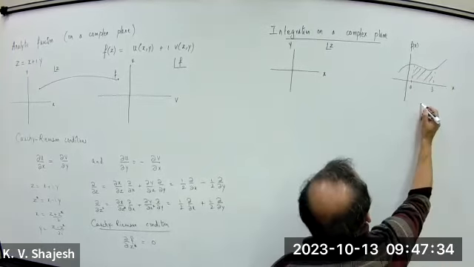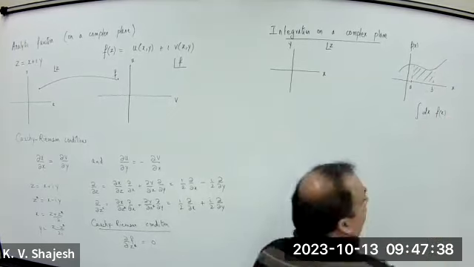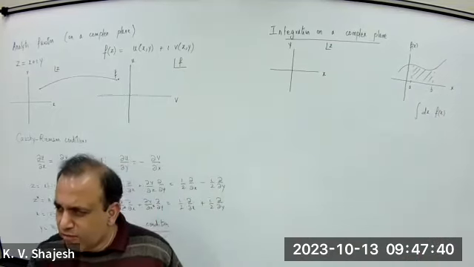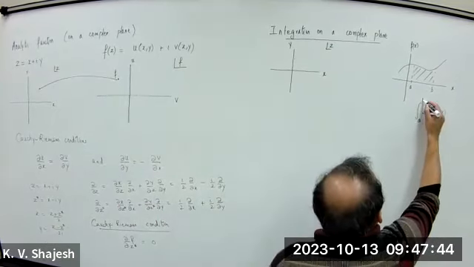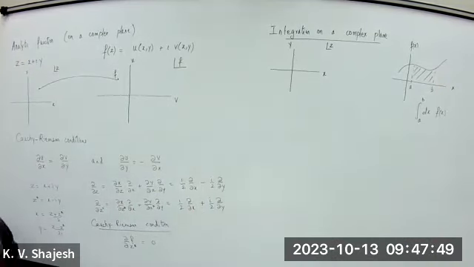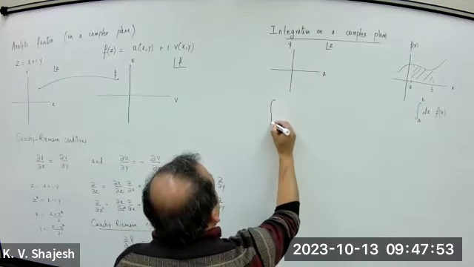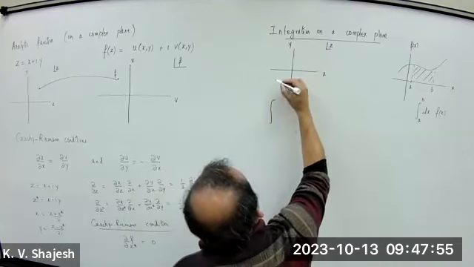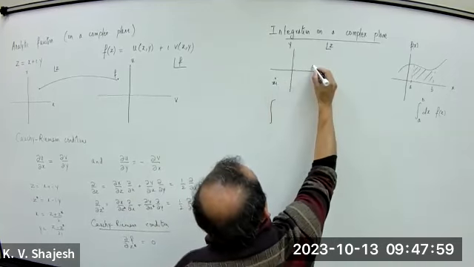So you have an integral of f of x, and if you're doing a definite integral, you would say a to b. F of x and f of z should not be confused. I'm using the same letter f, but this is a one-dimensional function. Same thing on a plane: now I have to go from point z1 to point z2.